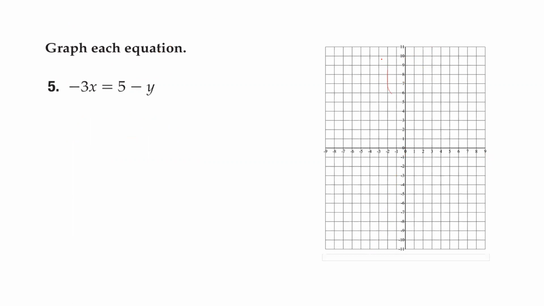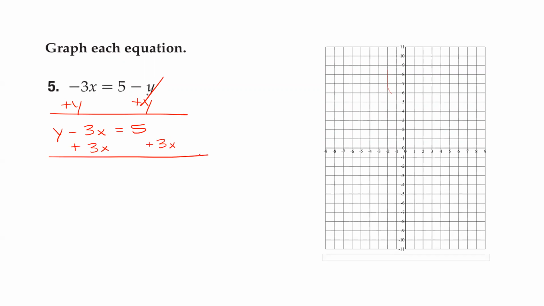Number 5 is not in slope-intercept form, but we can rewrite it in slope-intercept form. So first thing I would do is add y to both sides. So I have y minus 3x is equal to 5. Got rid of that y on this side. And then I would add 3x to both sides.